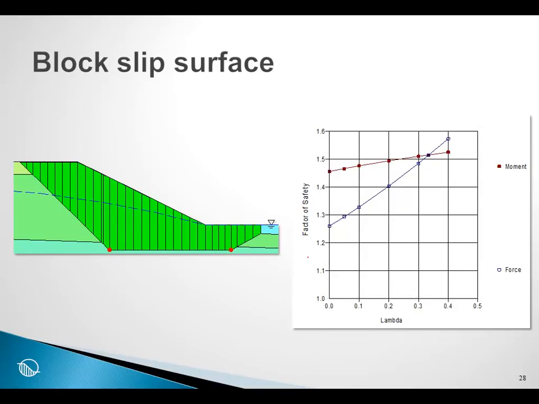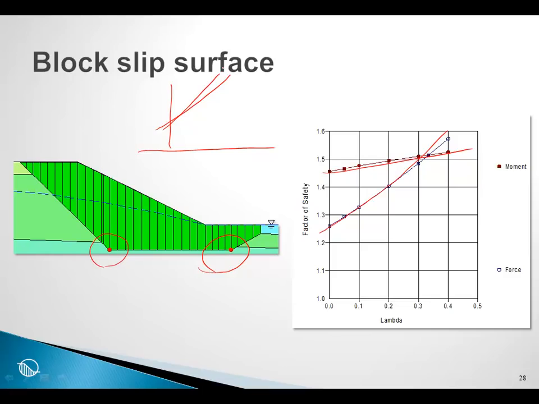Now we move into a block type of slip surface, and what happens with block type slip surfaces, we often have quite sharp corners here, and this can have quite an effect on the results, in that both force and moment now become sensitive to interslice shear, and it is possible in a case like this that both moment and force become very close to each other, and sometimes we get, fortuitously, the wrong crossover point and get erroneous factors of safety.